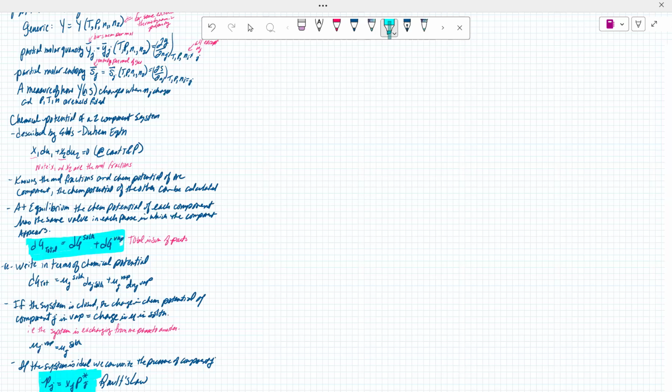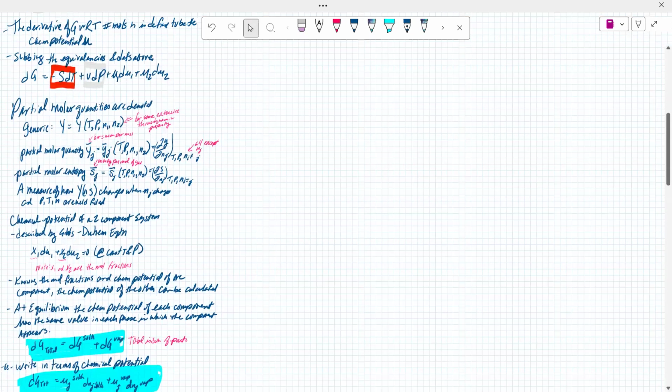Also is the major equation we got today. We broke out this, another important one. Chemical potential equation. We should have quite a few equations today.